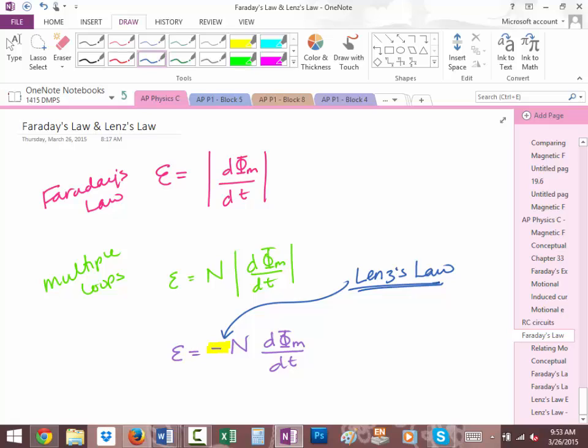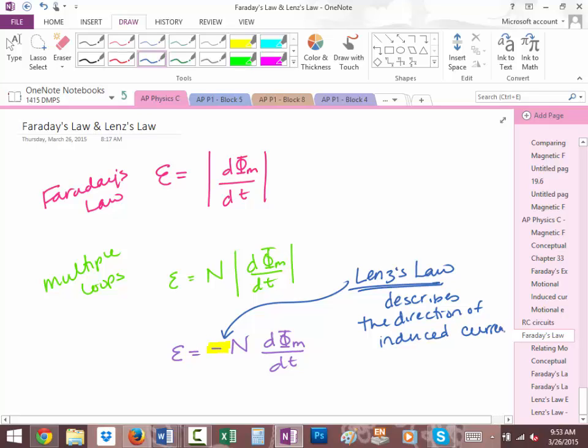Lenz's law is describing a direction. That's why it's a negative sign, right? It's describing the direction of the induced current. You remember, I hope, when I dropped that bar magnet through the solenoid with the north side down that it deflected one way.